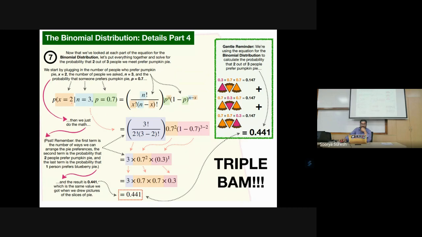What is the formula we have? Out of 3, 2 people selecting pumpkin, with a priori probability 0.7. This is the formula. If you substitute, the value we get is 0.441. Now what is this equation? This is the model.